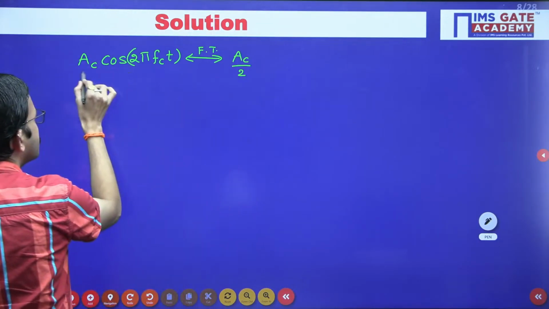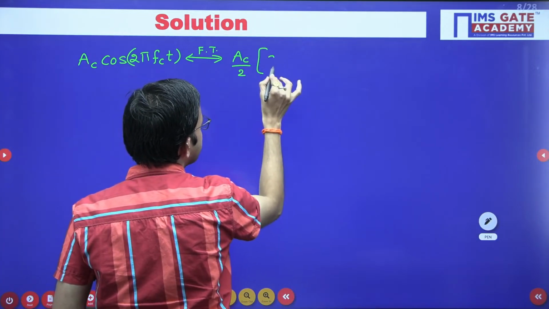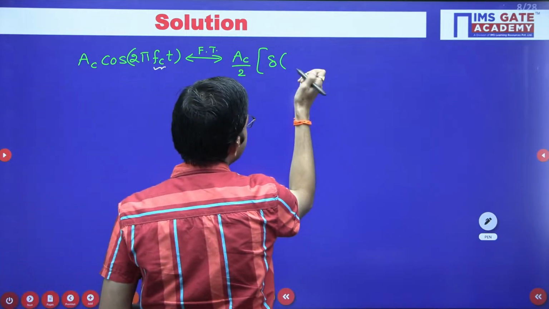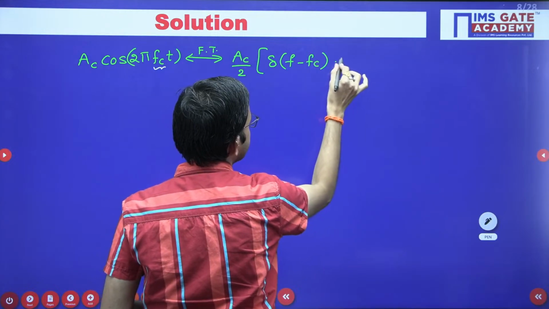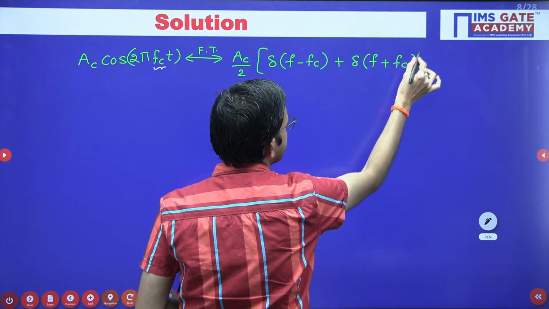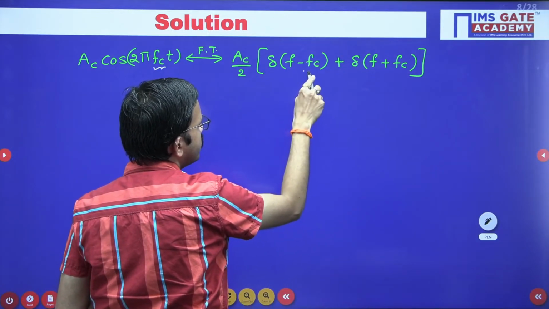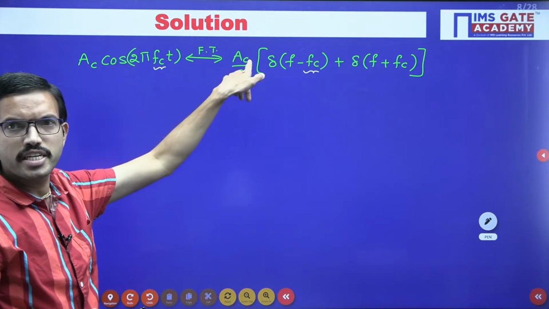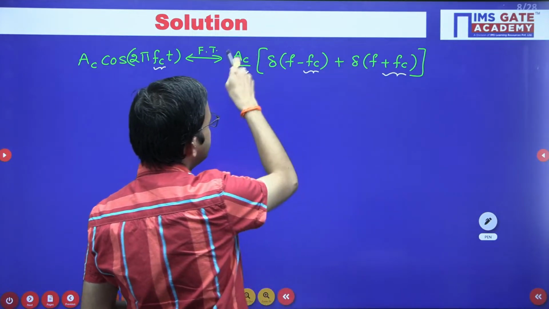Whatever the signal strength is, just consider half of that. You will get two impulses, one at Fc and another at minus Fc, that means delta(f minus Fc) plus delta(f plus Fc). When f equals Fc, we get one impulse with signal strength Ac by 2. Similarly, at f equal to minus Fc, we get signal strength Ac by 2.